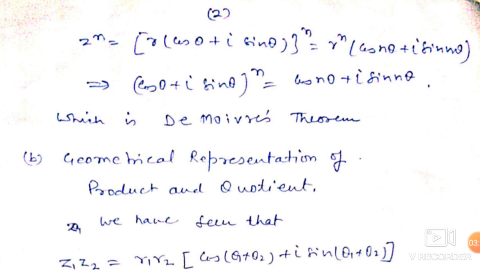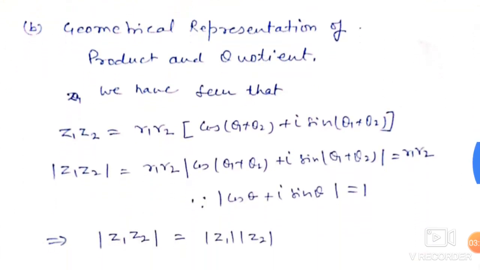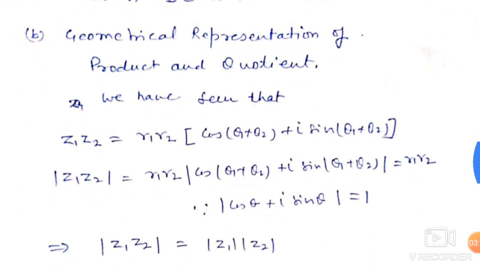Now we are going to start geometrical representation of product and quotients. We have seen that Z1 Z2 equal to r1 r2 cos of theta 1 plus theta 2 plus iota sin of theta 1 plus theta 2.